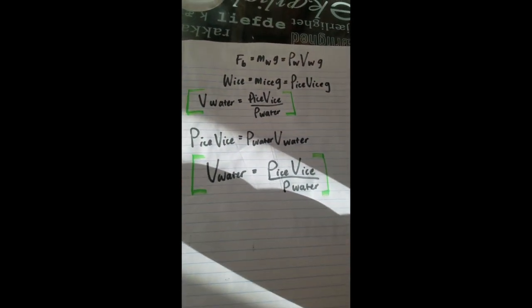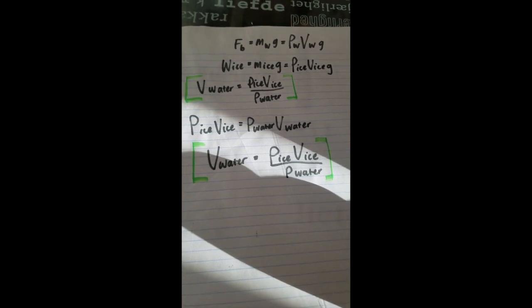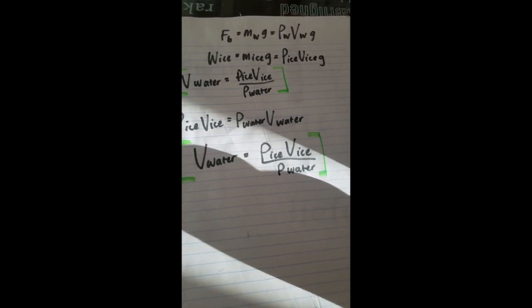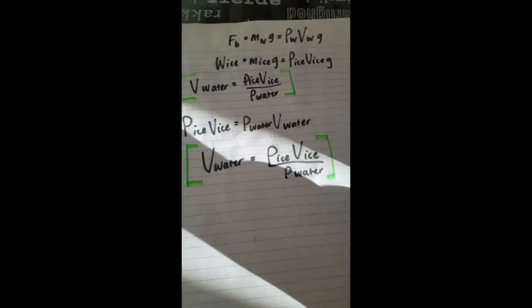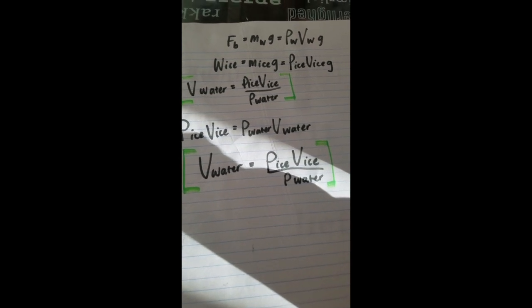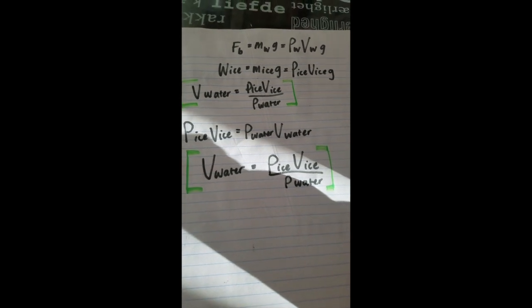So we have this idea that the buoyant force is the weight of displaced water. So the buoyant force is equal to the mass of the water times the gravitational force, which is equal to the density of water times the volume of the water displaced, also times gravitational force.